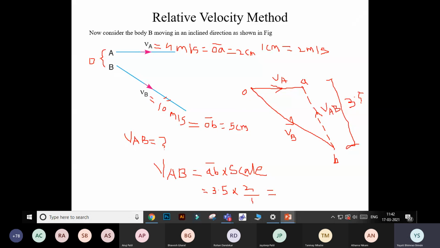So you will get the velocity of A with respect to B as 7 meter per second, if both the particles are moving in the inclined path.